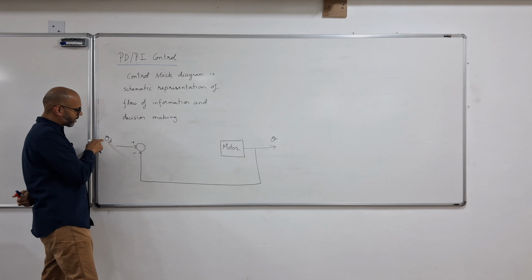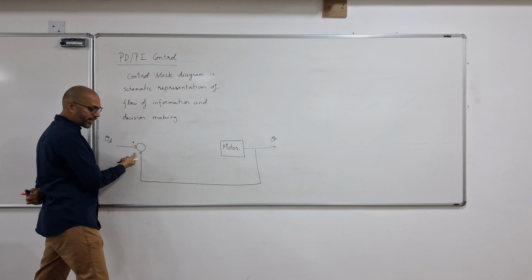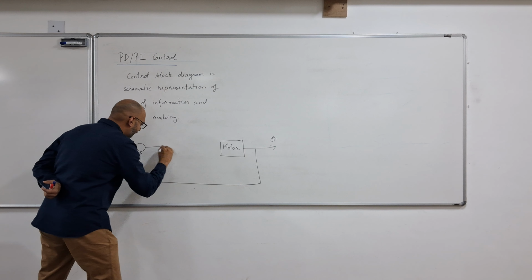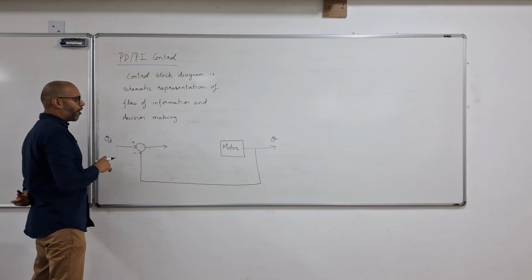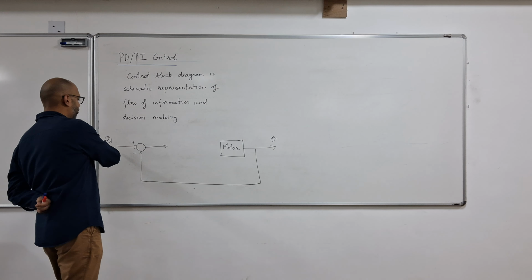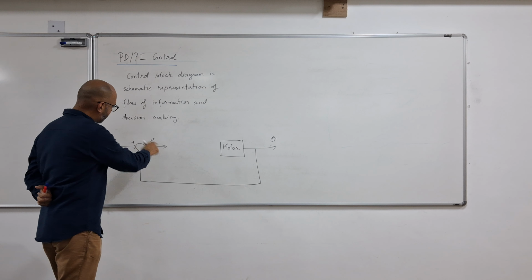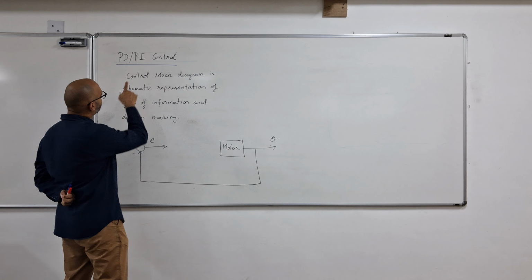So you subtract theta d minus theta, so that's why there's a negative sign here, and this is an error of what had to happen and what actually happened. So you can call this signal an error, and this goes to the controller.